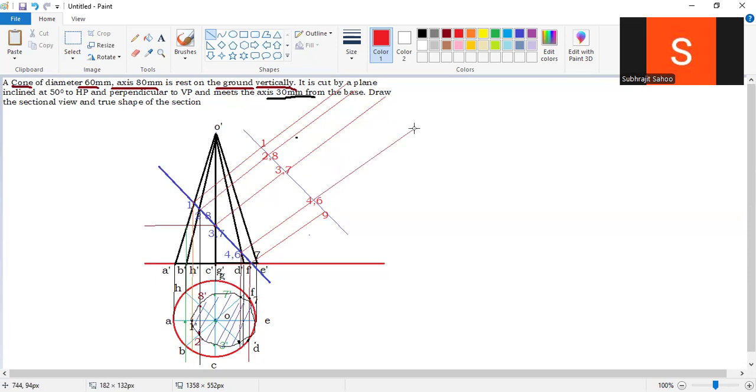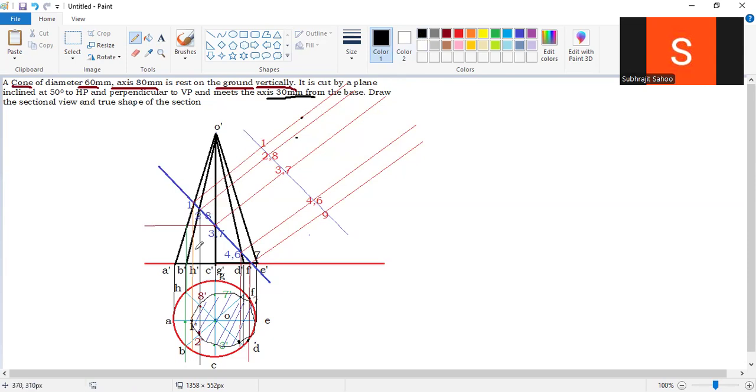This line, right? Extended this line. Sir, measure from the red color line to 1 dash. How much distance will it be? Mark that distance from this blue color line here. This distance here, right? Measure once again.